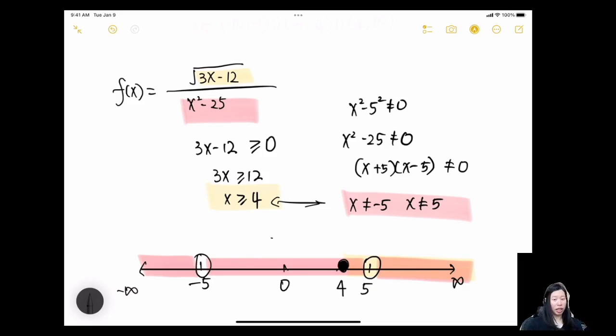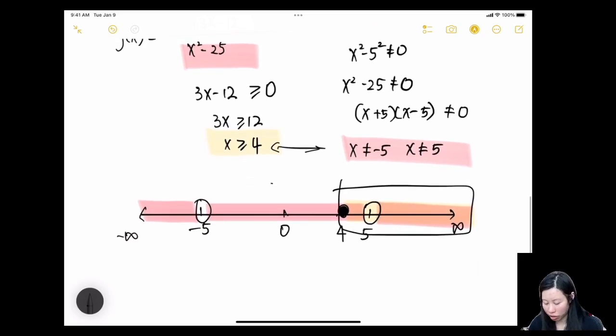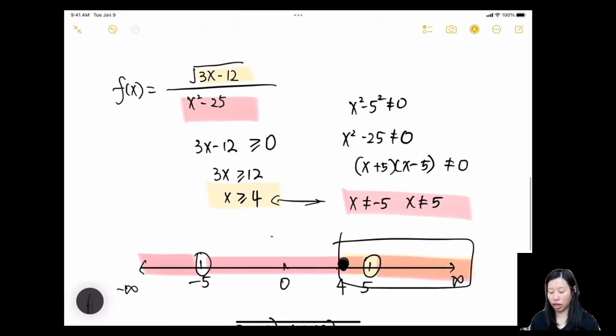When you combine, you just find the overlap part. Which part do they overlap? This part, right? Except for 5. So that means x in this domain can be from 4 to 5, including 4 but not including 5, union from 5 to positive infinity. That would be the domain.